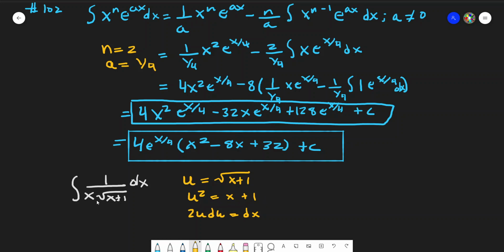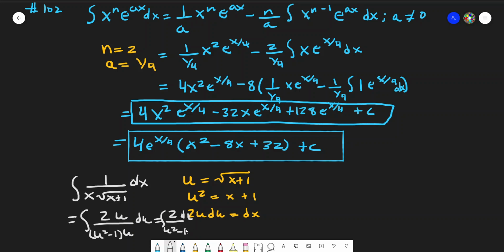Notice that basically that would reduce the integral into 2u divided by u squared minus 1, and then you have the whole thing u, and then du. But then that becomes basically 2 divided by u squared minus 1. And of course we're still integrating that.